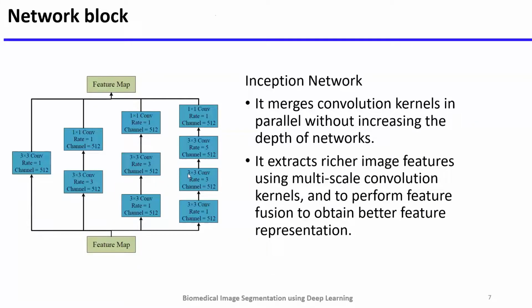Another variant of this architecture, which is used for representation, is the Inception network. In this case, to handle the larger number of parameters in DenseNet, it merges convolution kernels in parallel without increasing the depth of the network. In DenseNet, as the depth increases, each node is connected to the previous ones.